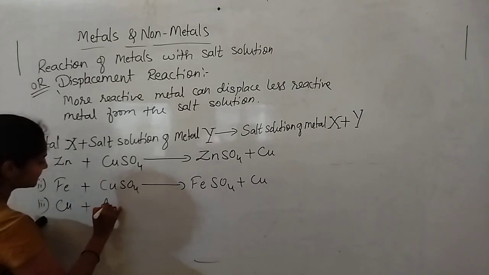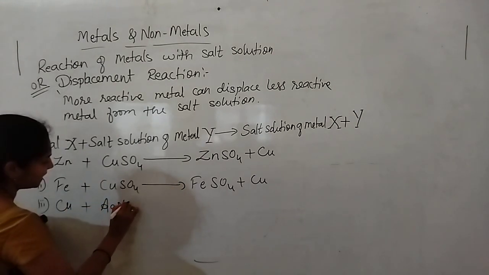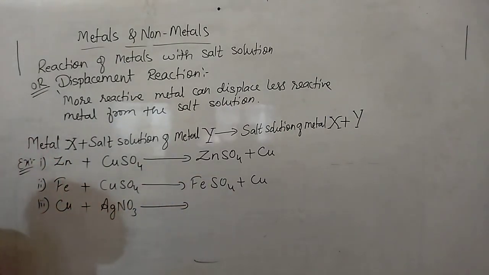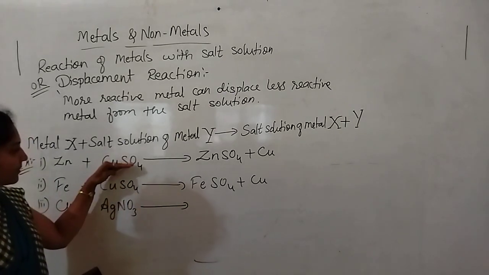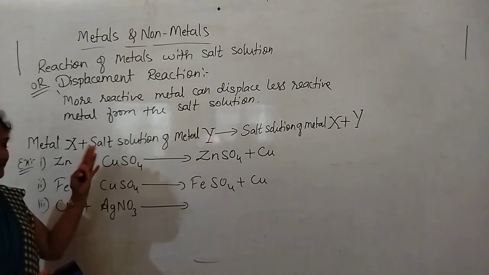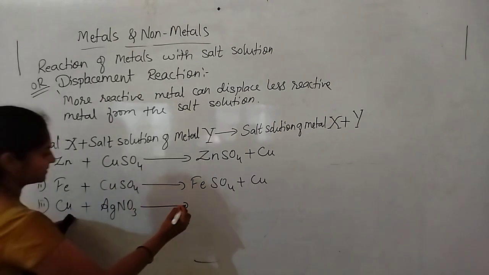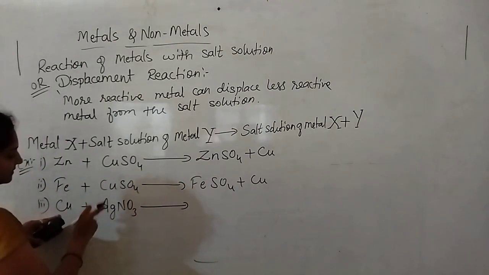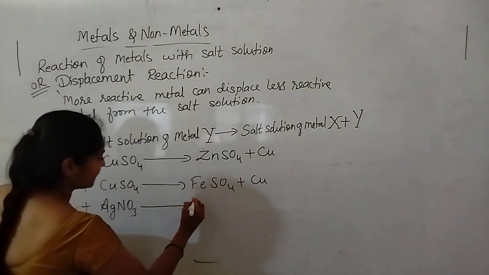Copper, when it reacts with AgNO3, silver nitrate. This is also a salt. I told you, except H plus and OH minus, all compounds, sulfates, nitrates, chlorides, are salts. Here silver is replaced by copper.